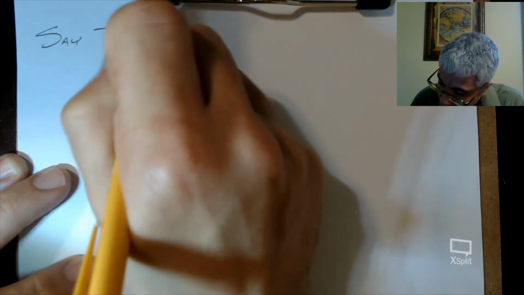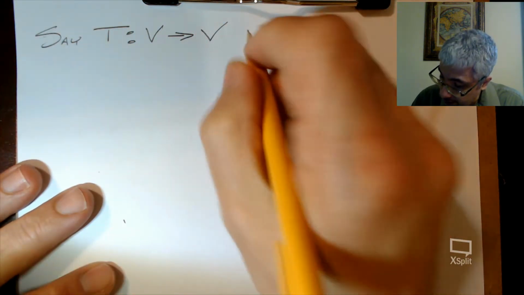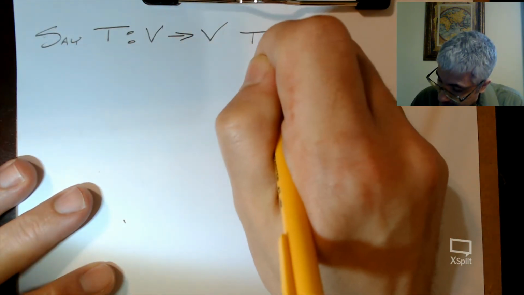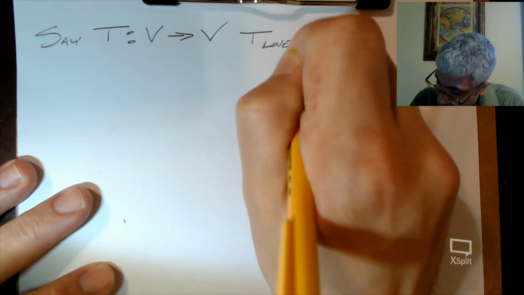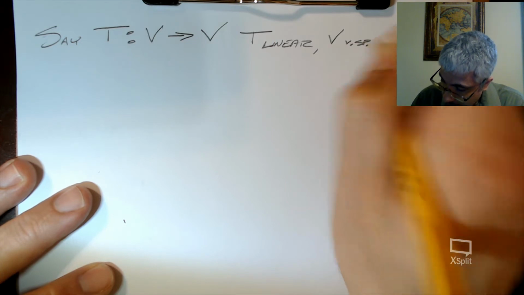So let's say T is a linear transformation from V to V, where V is a vector space. So I'll just say T is linear and V is a vector space. Okay.